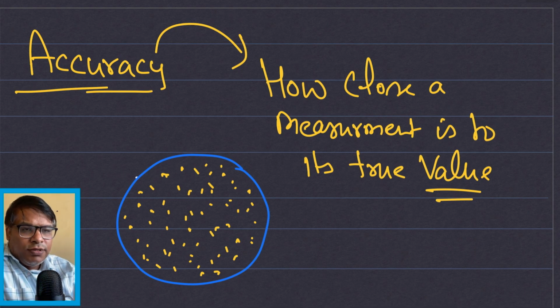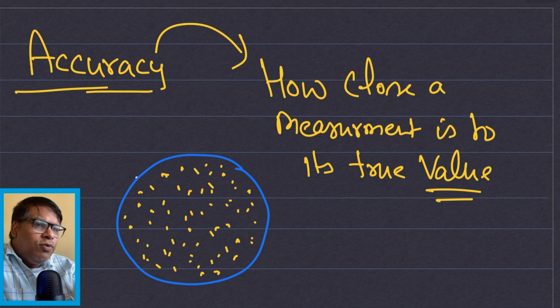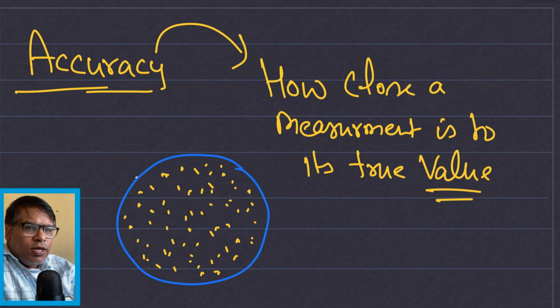Can you guess? Either you can predict by looking quickly, or if you count each one, then you will reach the correct value. So accuracy tells you how close a measurement is to its true value.